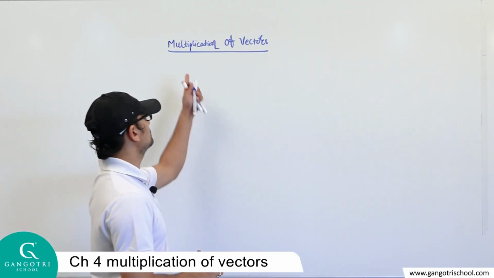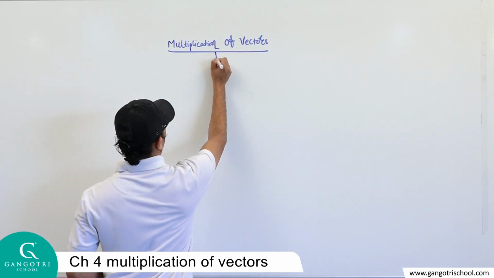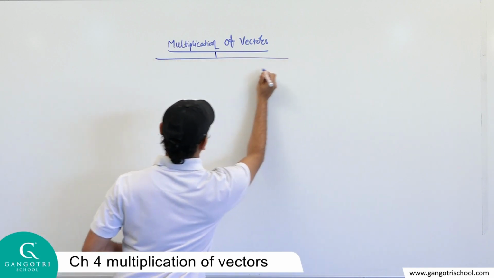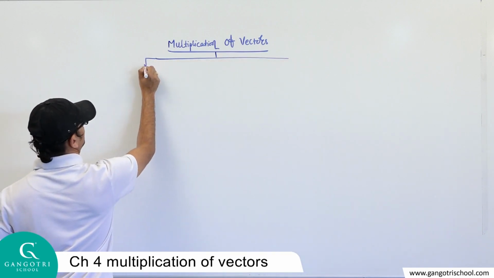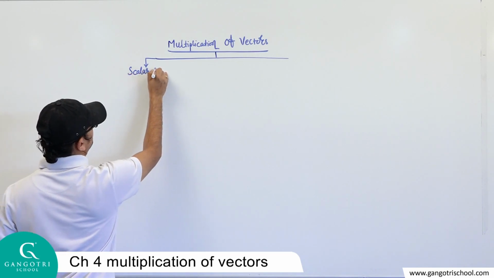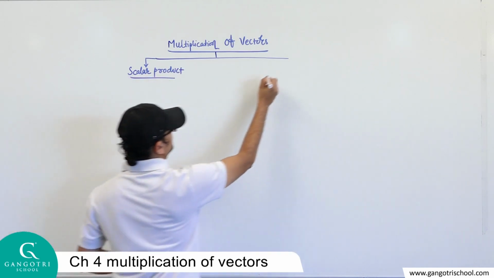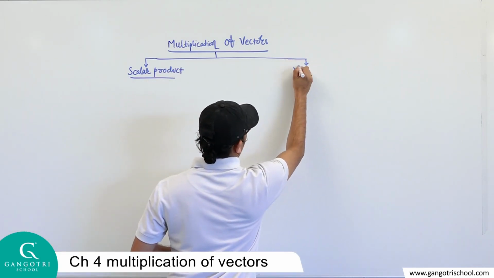Okay, so remember, multiplication of vectors are of two types. One is known as a scalar product and one is known as a vector product.